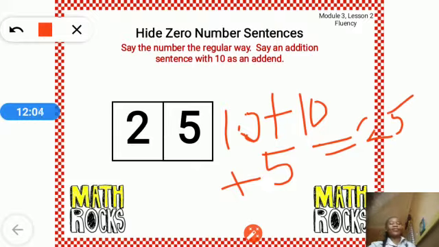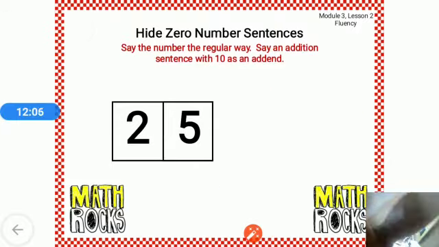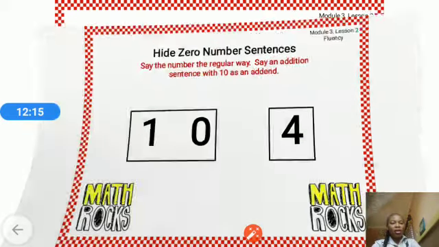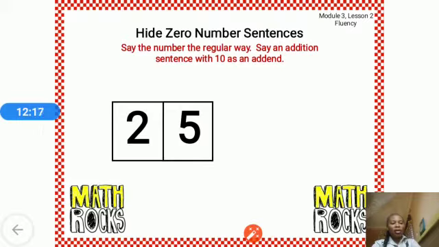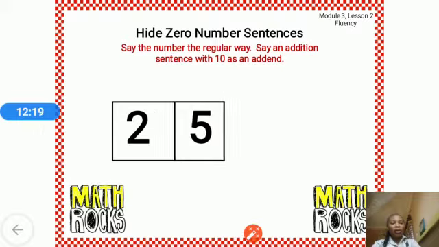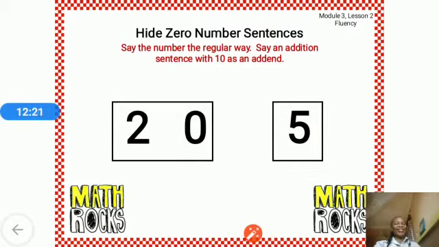Yes. Now let me separate it so that you can see the zero coming out. Yes. Is it this interesting? I'm enjoying it.